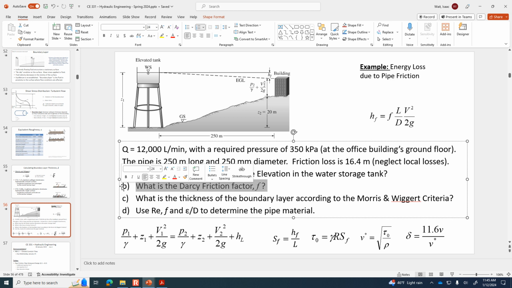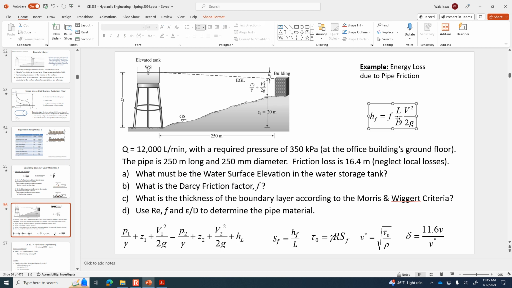Part B, what is the Darcy-Weisbach friction factor? Okay, here's our formula for the friction factor, and we were given the head loss in this problem. Most of the time that won't be the case, but here we were. We knew the head loss, so we just rearranged the friction factor formula to solve for f. So if we rearrange that equation, it's h_f times D times 2g divided by length times velocity squared.